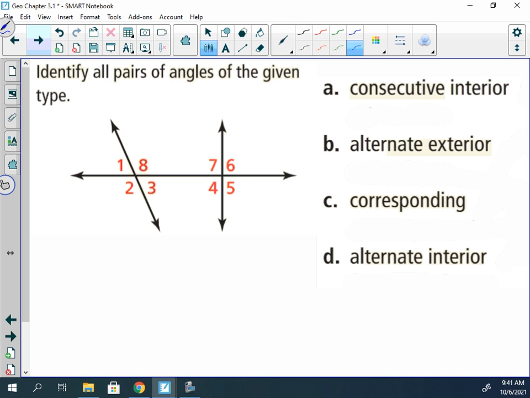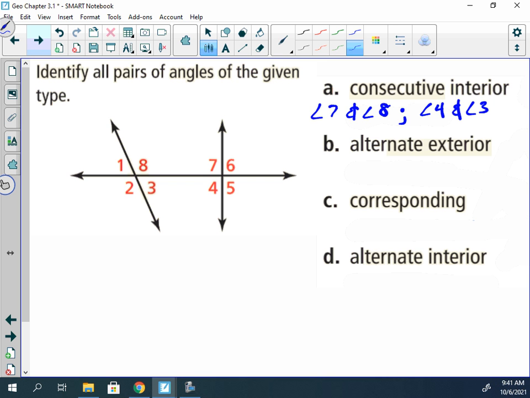So consecutive interior angles. So 7 and 8. 8 and 7. Because again, consecutive interior angles, we're talking about the two angles that do follow this. 8 and 7. Because the other set would be, so we could say 4 and 3.